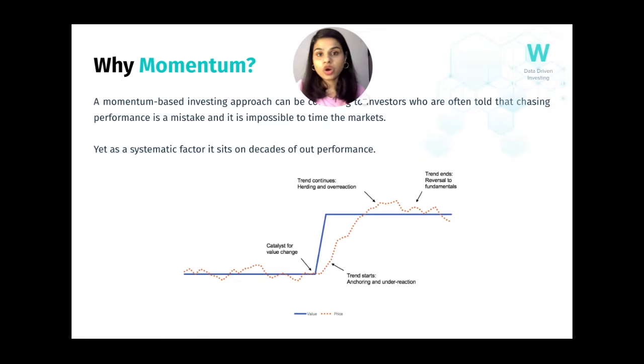So momentum is not a fundamental reason to invest, right? Momentum is a behavioral reason to invest. There are certain things that happen in the stock market that might increase the valuation of a particular company, right? But not everybody reacts immediately. Not everybody invests into that particular change immediately.